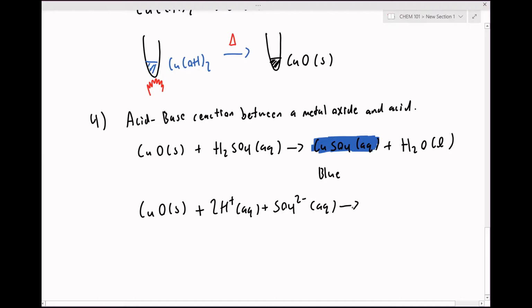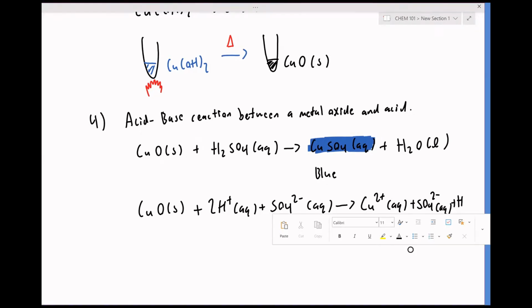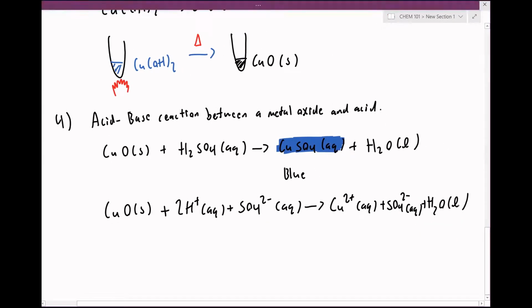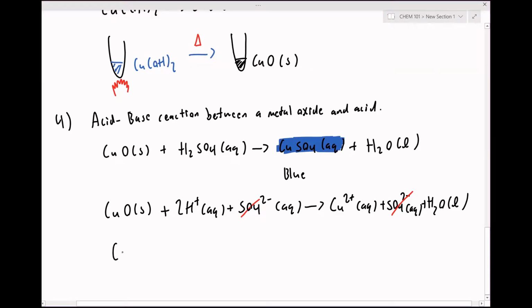Copper sulfate is a soluble salt, so it dissociates into copper 2 plus aqueous and sulfate ion in solution, and water, as it is a molecular compound, does not dissociate in net ionic equations. As we can clearly see, sulfate is a spectator present on both sides of our chemical equation, so we can simplify this process to copper oxide solid plus 2 H plus aqueous leads to copper 2 plus aqueous plus H2O.